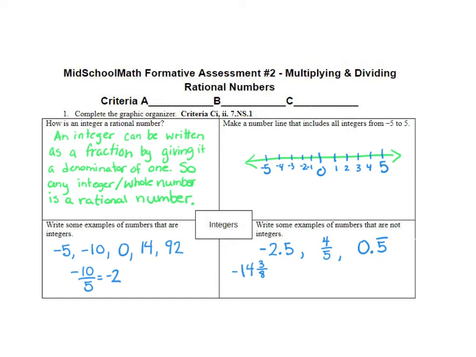You could also give an example, like negative 10/5. It is a rational number because it can be written as a quotient, which is also equal to a whole number, which is negative 2. That's just an example.